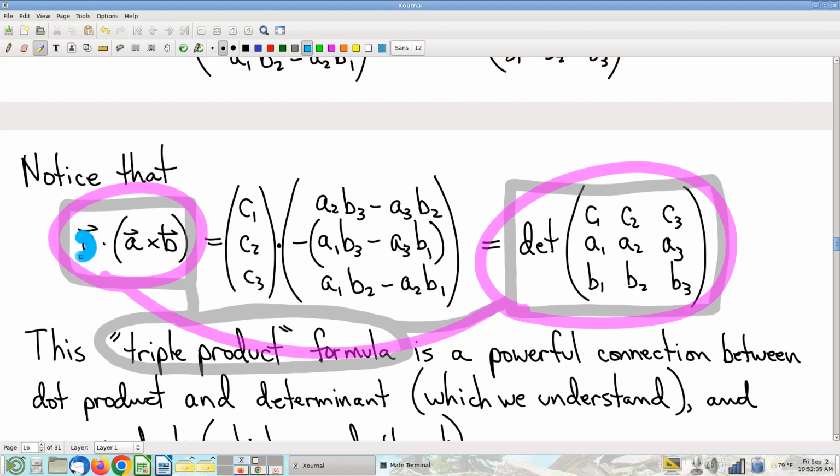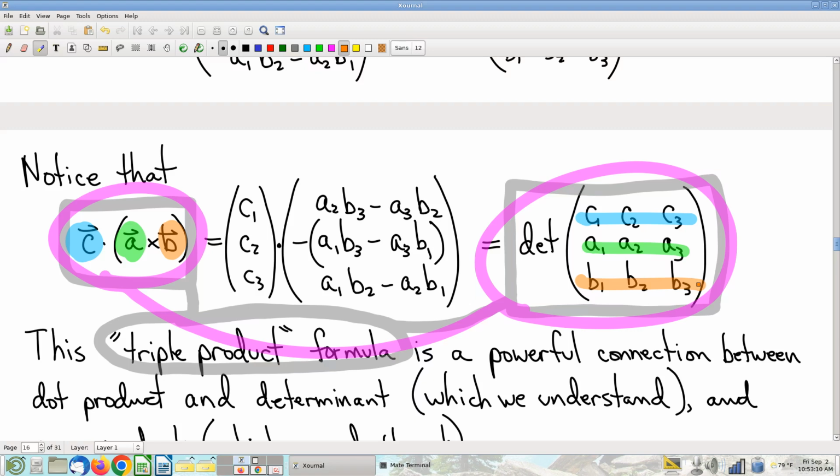Keeping in mind, first vector, first row, second vector, second row, third vector, third row. And it's just so compact and so clean how this gets written down. It's lovely that everything worked out. What are the odds? Highly suggestive that this is an important formula, and it is.